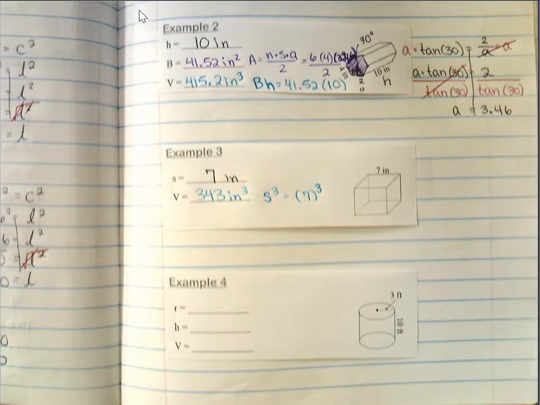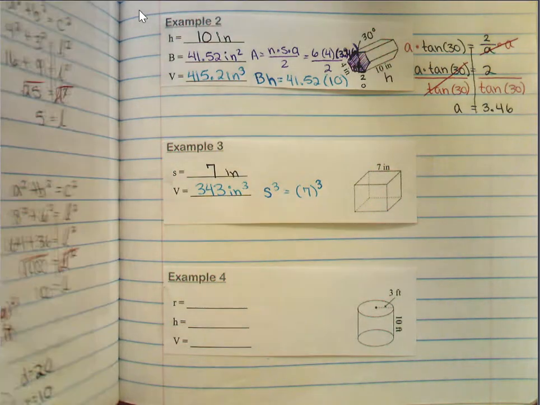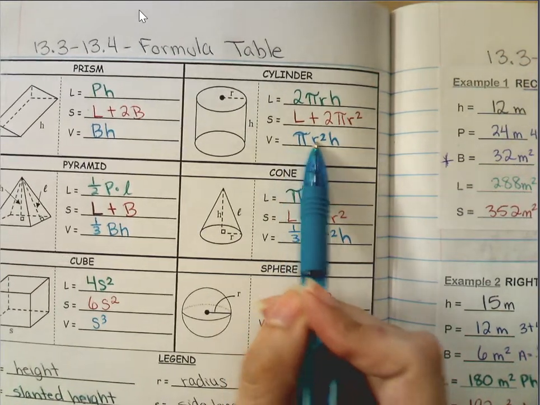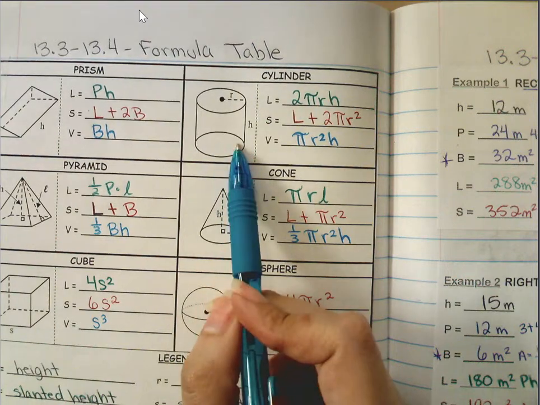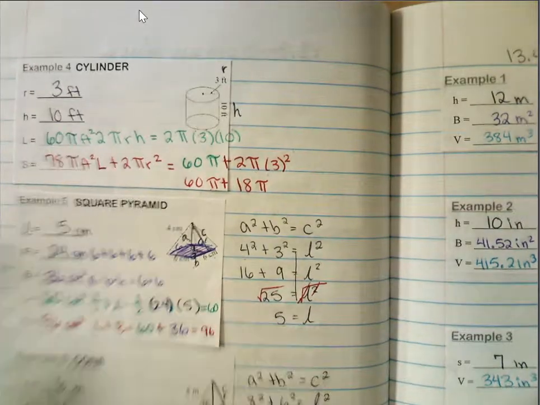And then the last one is a cylinder. Cylinders have a different formula for volume. If you look back into your formula sheets, here's my cylinder. It is pi r squared, which is the area of the base, and then times the height. So back to example 4.